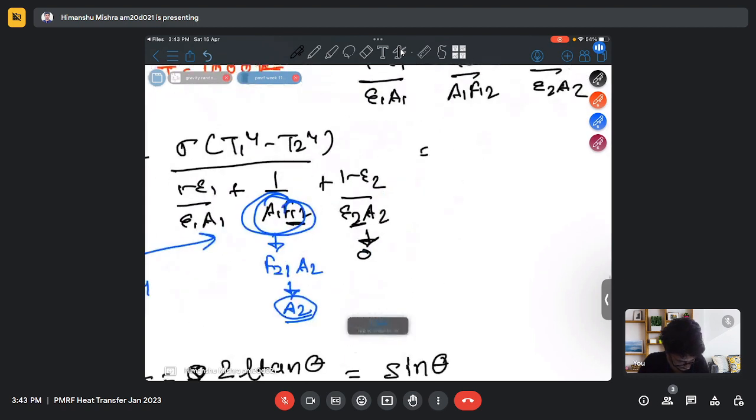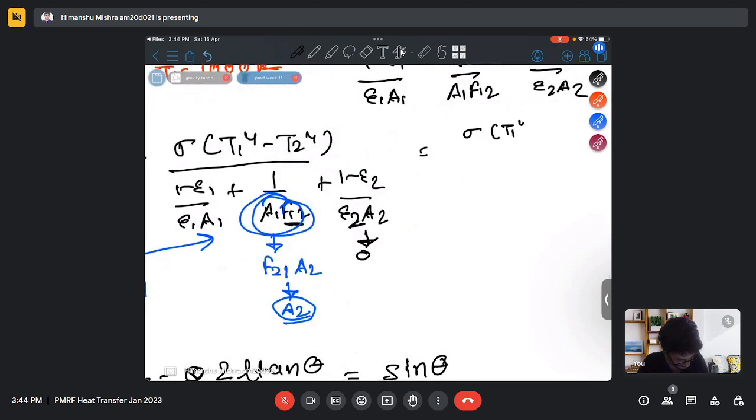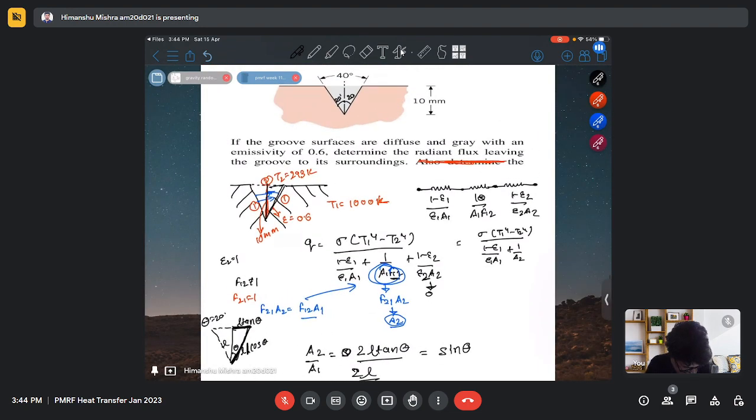So my heat transfer will be sigma (T1 to the power 4 minus T2 to the power 4), over 1 by A2 times the resistance terms. And what I need is the radiant flux. So basically I need to find the radiation flux here, that means the radiation heat transfer which is crossing from surface 2.